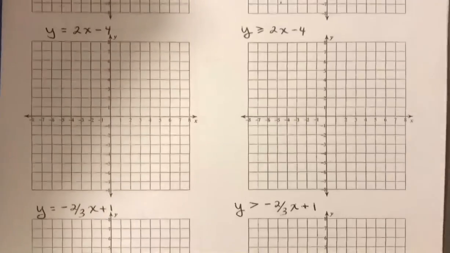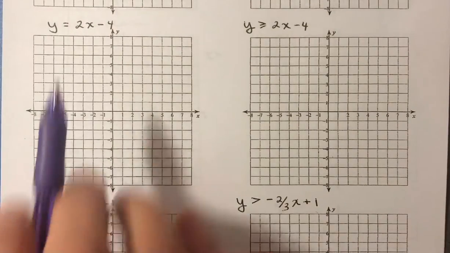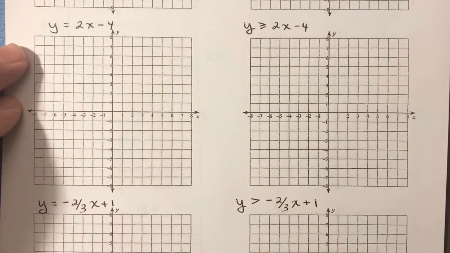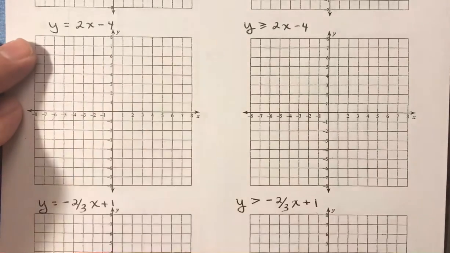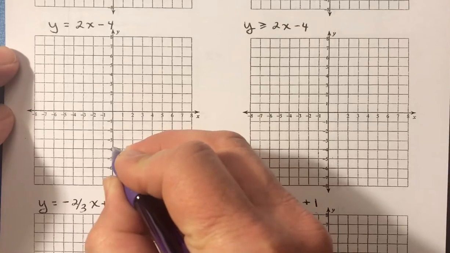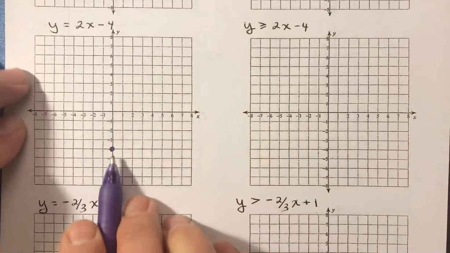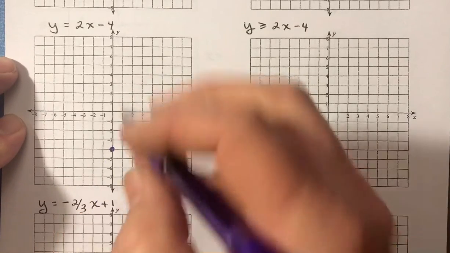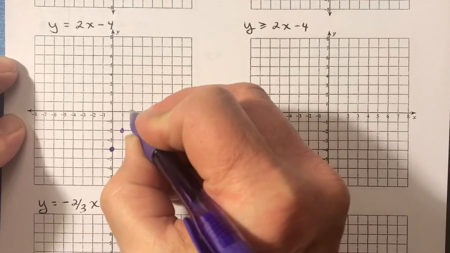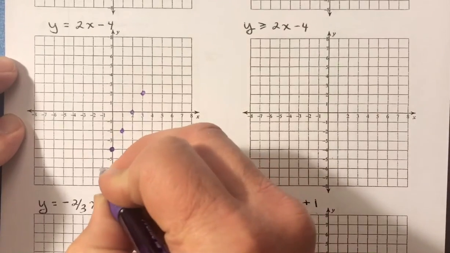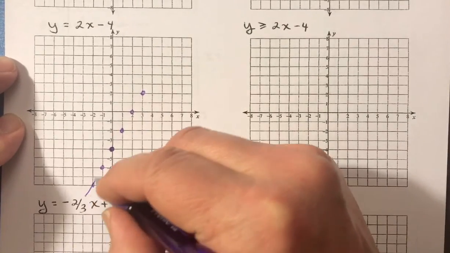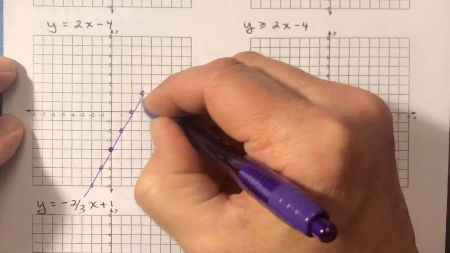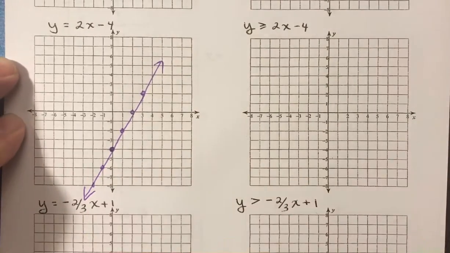Now, let's go down here to this next example, 2x minus 4. Okay, so we know how to graph that. 2x minus 4 has an intercept of -4, and it has a slope of 2. And so if I graph all of those points that make that statement true, I'm going to get a straight line.